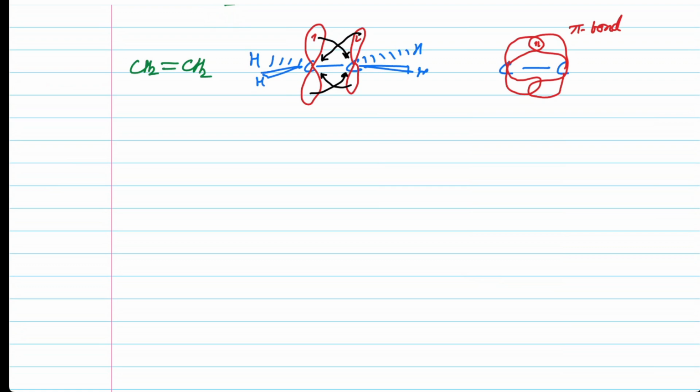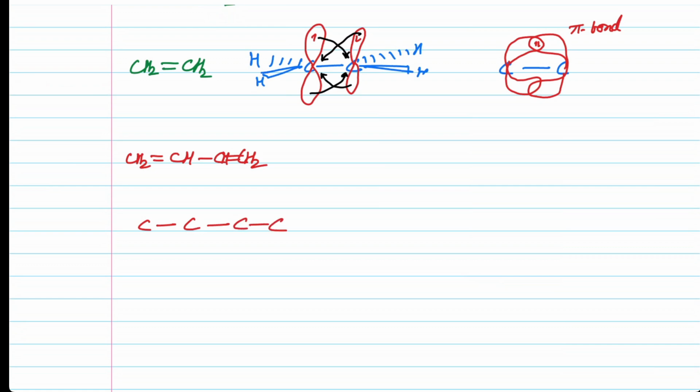Let's talk about another molecule. Let's talk about buta-1,3-diene. In case of buta-1,3-diene, here also we can consider the same way the orbitals being formed, the bonds being formed. We have the carbons.